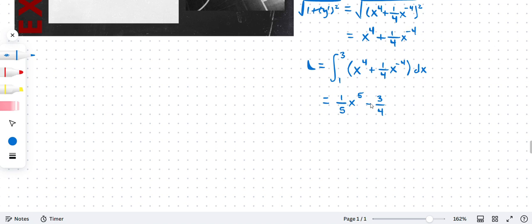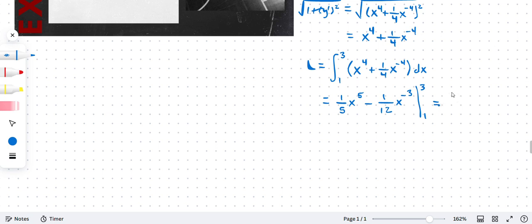Oops, sorry, not negative 3/4. I took a derivative. We would divide by negative 3, giving me negative 1/12 x to the negative third. I apologize for that. And then we're evaluating from 1 to 3.